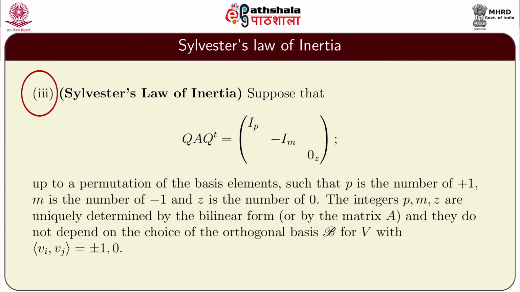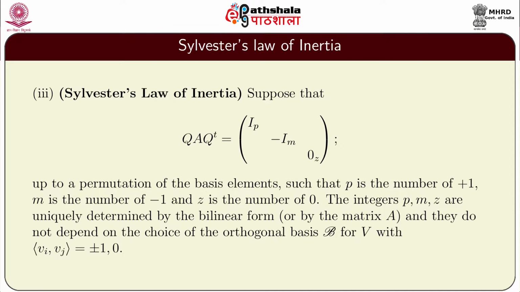And part 3 is what is known as the Sylvester's Law of inertia, which says that if we write Q A Q transpose as this block where you see Ip, that is the identity matrix of order p, then minus Im, that is negative of the identity matrix of order m, and then 0z, that is the 0 matrix of size z, up to a permutation of the basis elements, such that p denotes the number of +1, m is the number of -1, and z is the number of 0.